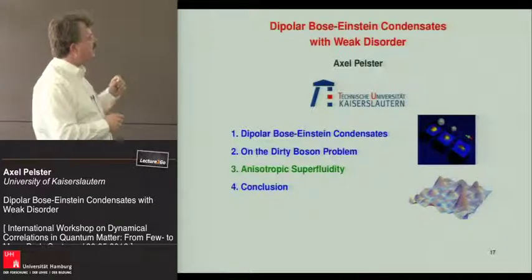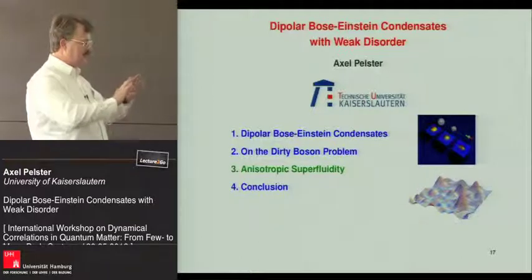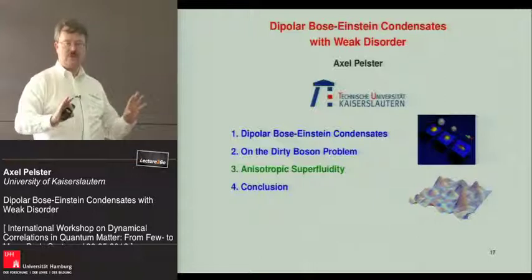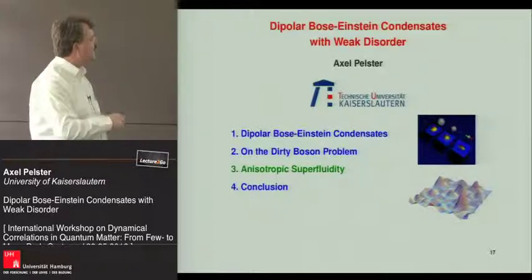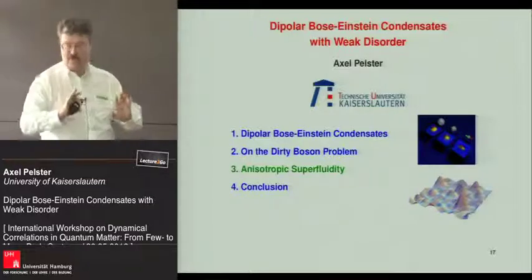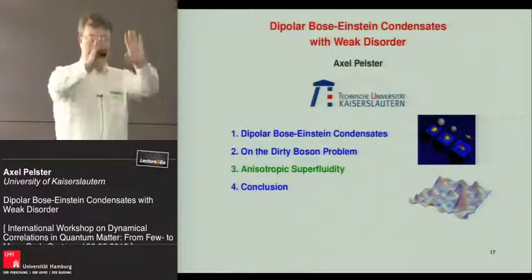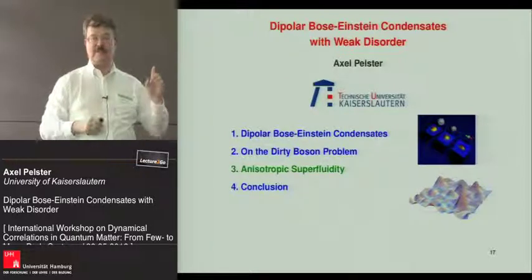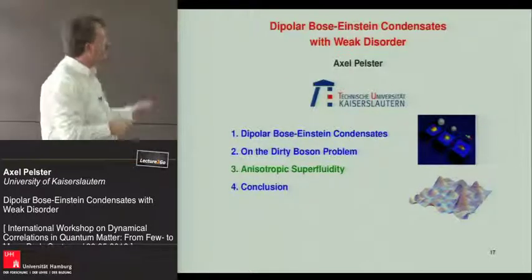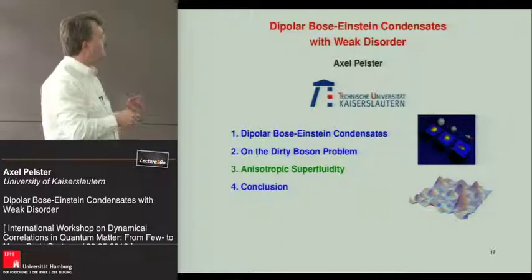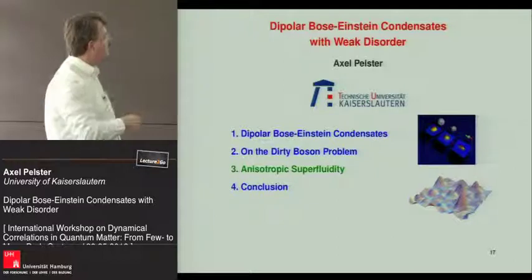And only when you introduce thermal fluctuation, it turns out that breaking the isotropy due to the dipolar interaction leads to an anisotropic effect of the superfluidity. It does matter at finite temperature whether the particles are moved along the dipoles or perpendicular to the dipoles. That's an effect of finite temperature. However, if you go to zero temperature, despite the dipolar interaction, superfluidity is isotropic.